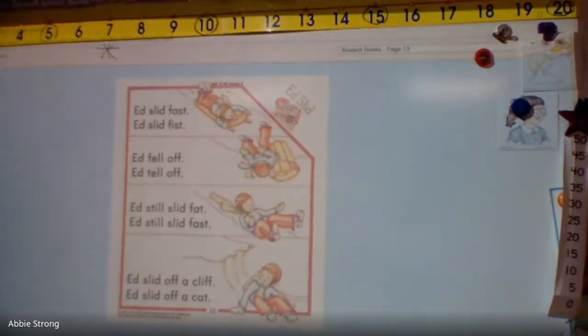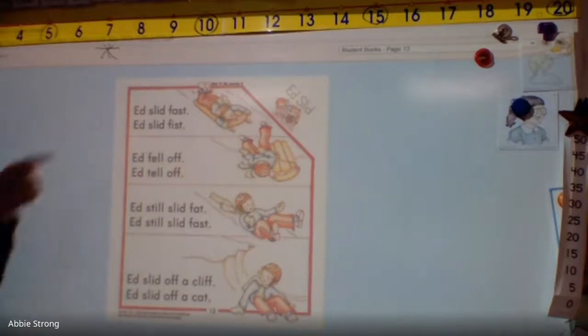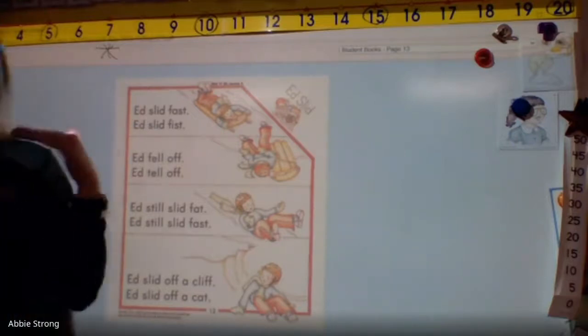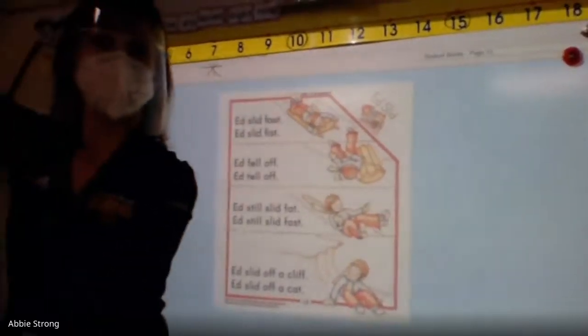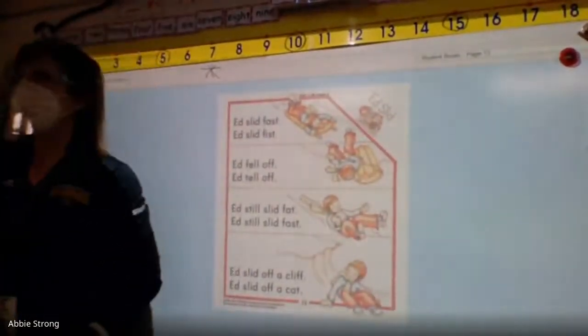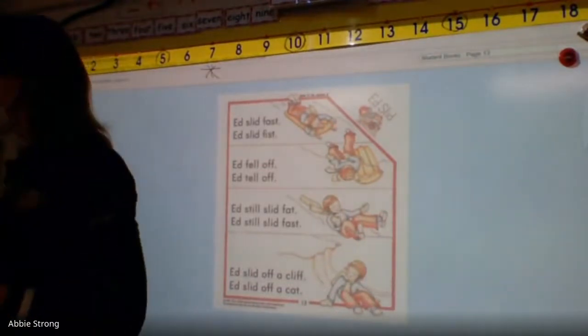I need somebody to come up here and cross it off, either the top one or the bottom one. Which one does not make sense and we need to get rid of? I'm looking for strong, silent hands. Matthew, come on over here, and I want you to cross off the one that does not make sense that we need to get rid of.